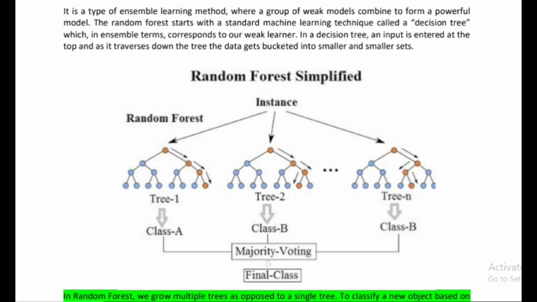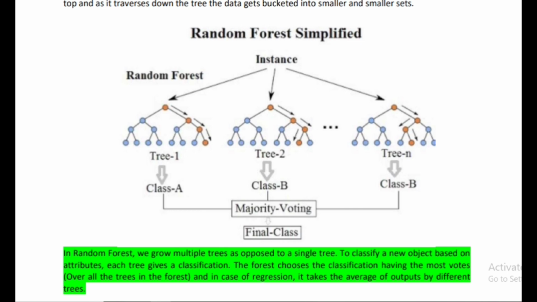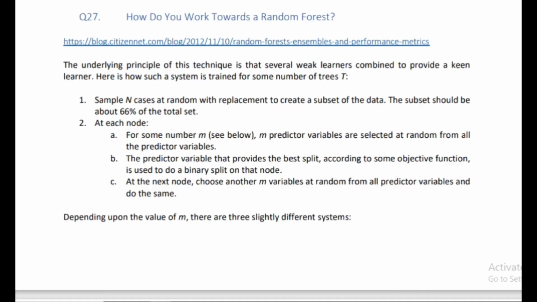In random forest, we grow multiple trees as opposed to a single tree to classify a new object based on attributes. Each tree gives a classification. The forest chooses the classification having the most votes over all the trees in the forest, and in the case of regression, it takes the average of outputs by different trees.